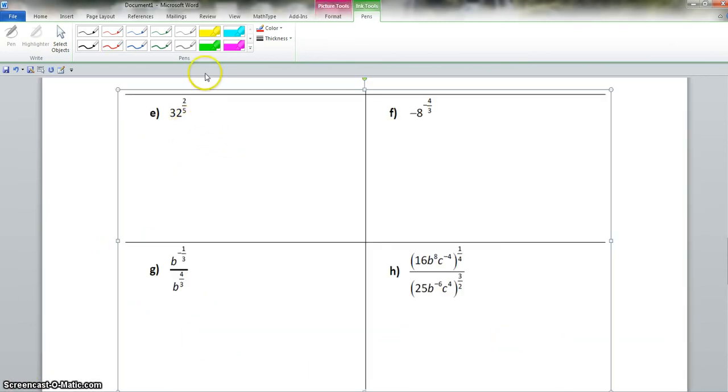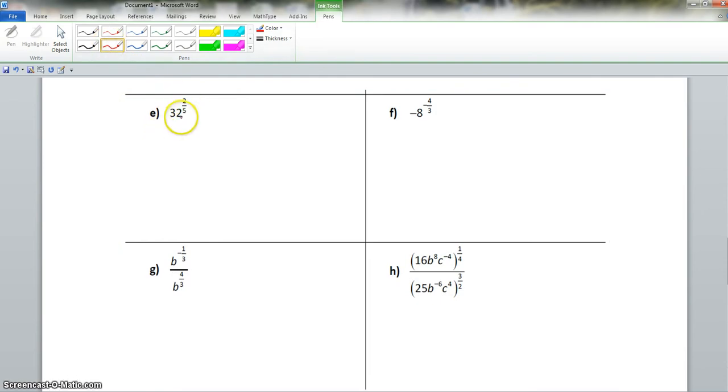Now we scroll here to E. Now with E, we have 32 to the 2/5 power. So what we would do first, let's separate this exponent. This will give us 32 to the 1/5 power to the 2nd power, because remember, when you take a power to a power, you multiply. 1/5 times 2 will give us 2/5, so we technically have not changed the problem.